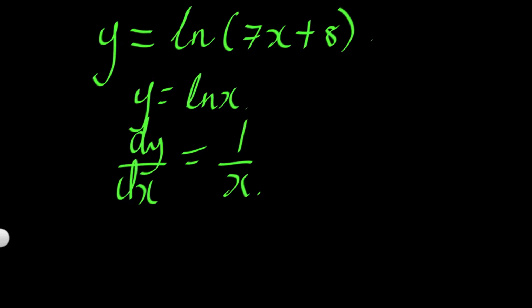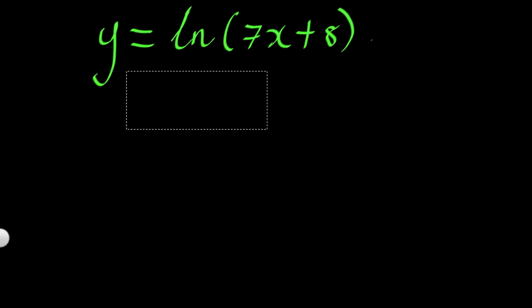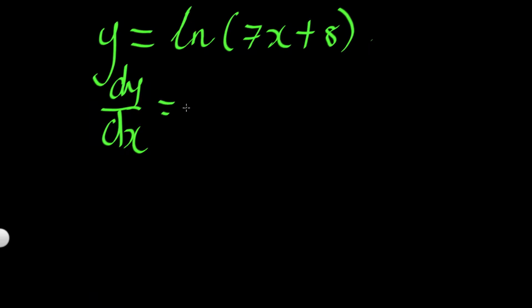So let us apply the chain rule here. I'm going to apply the chain rule in this case. I'm going to do it fast. So dy/dx will be equal to 1 over the function here, which is 7x plus 8.